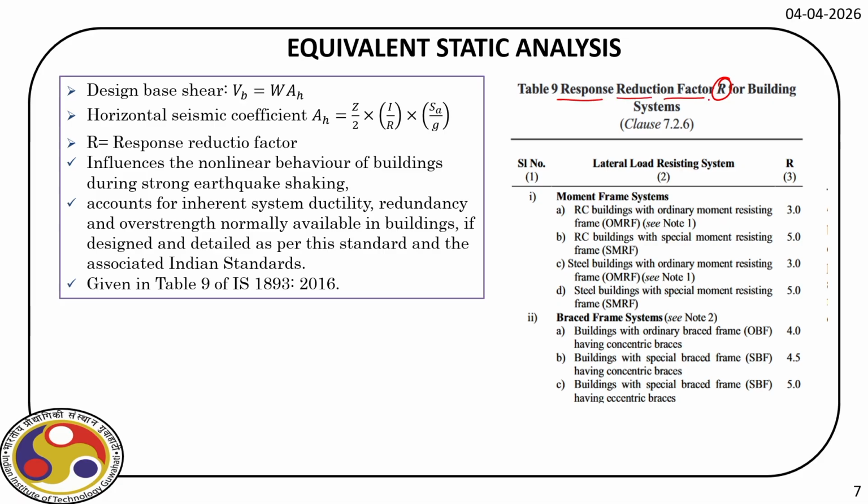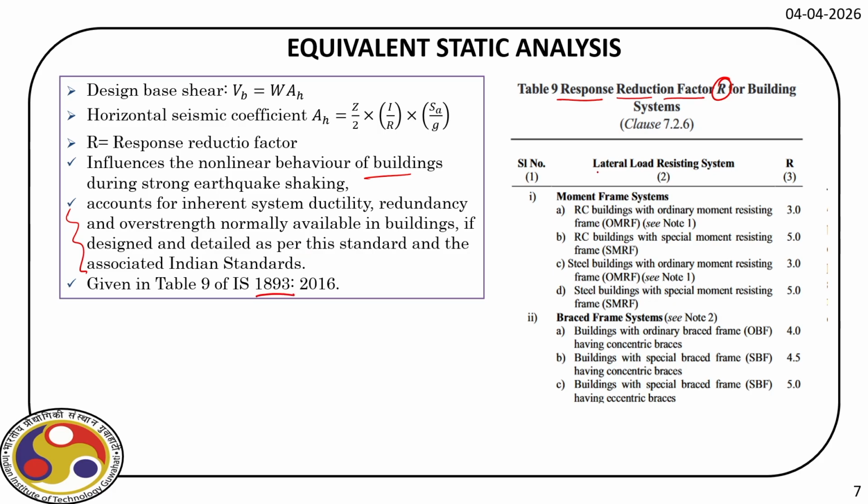Okay, so now coming to the last factor, which is capital R, it is called the response reduction factor. Now, the response reduction factor comes from the influence of nonlinear behavior of the building, ductility and redundancy. All these are detailed in this IS 1893.